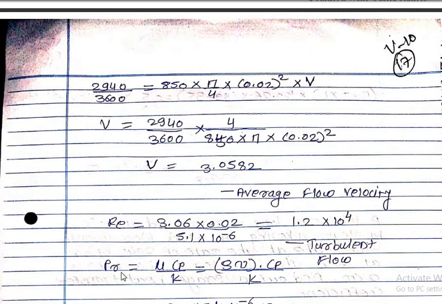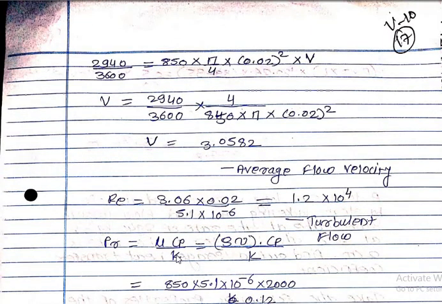Next we have to find out the Prandtl number. We know that Prandtl number is mu Cp divided by K. Now the dynamic viscosity value is not directly provided, but the kinematic viscosity value is provided as given data, and also the density. We know that the kinematic viscosity is equal to dynamic viscosity divided by density.